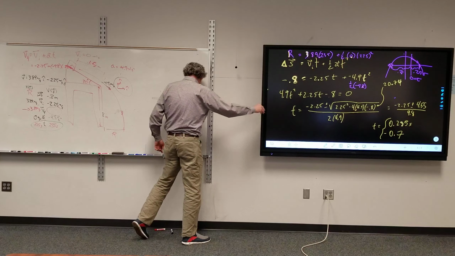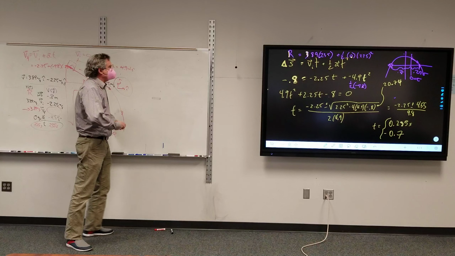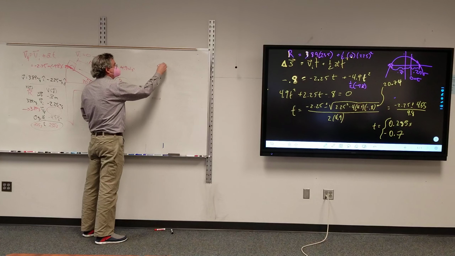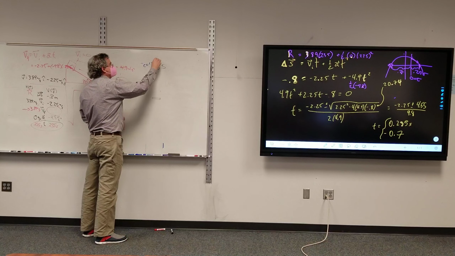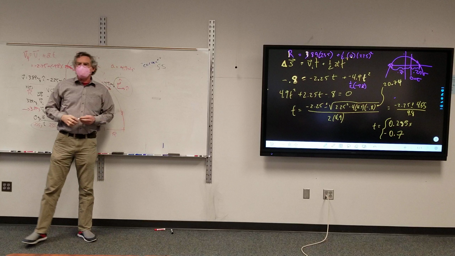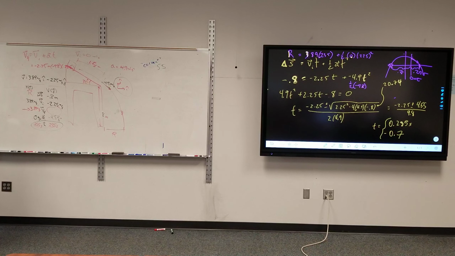So if the correct answer is 55, and I'm going to put correct in quotation marks, correct could be the predicted one, the expected one, the theoretical answer, whatever it happens to be.